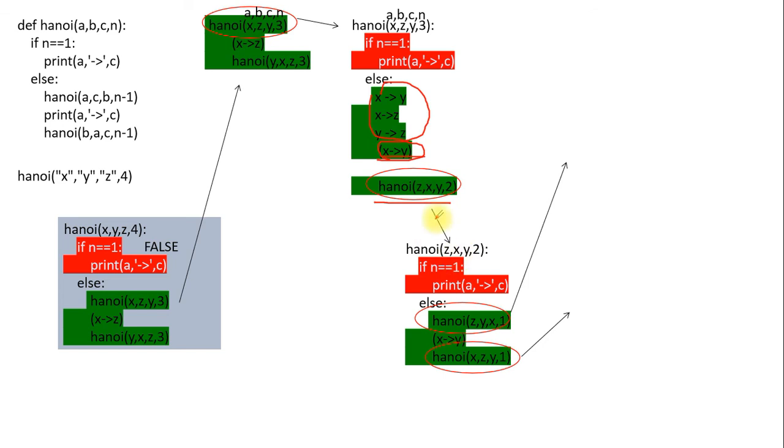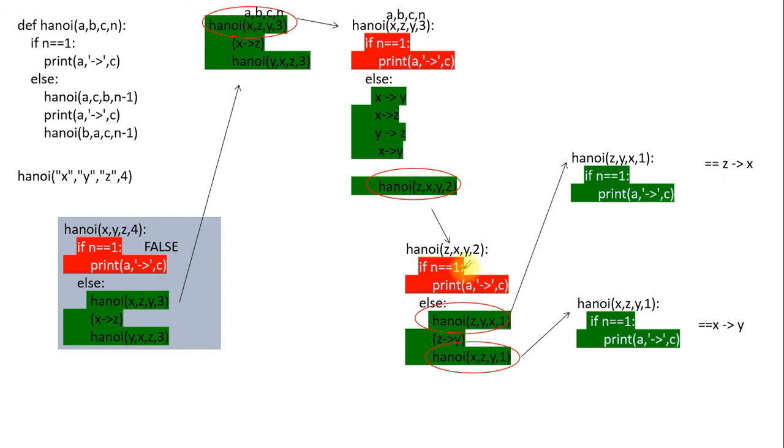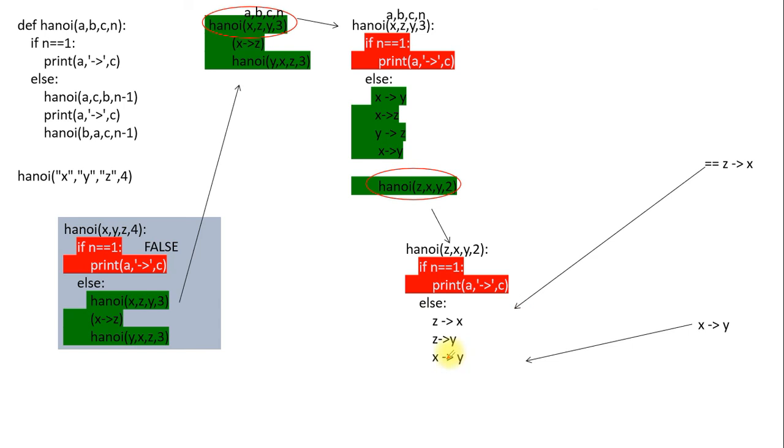I'm not going to describe this one. You can just pause this video and check by yourself. Like from this one we will have the first if condition, and we can find this result and this result, and both results will be here, and z to y, and this one.